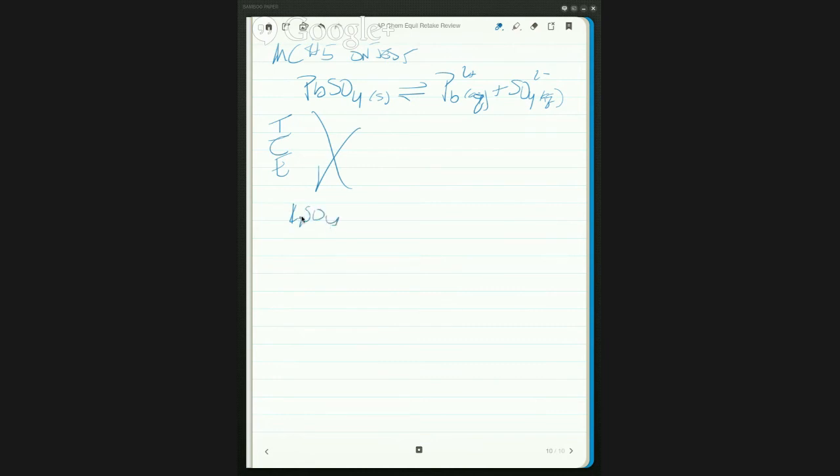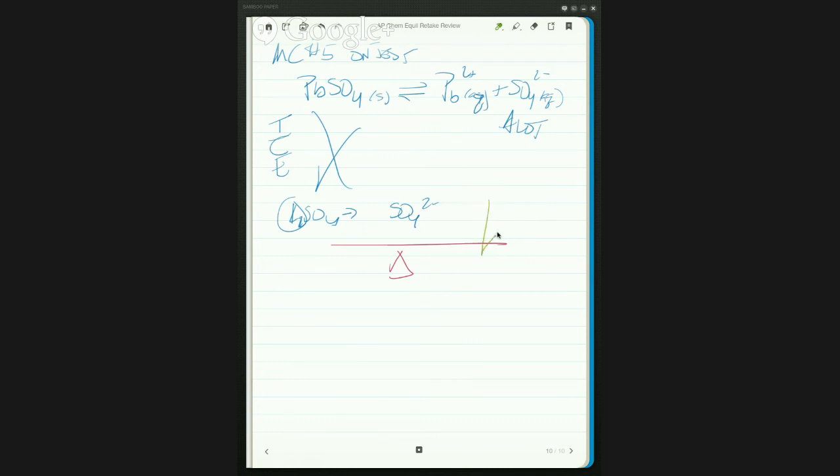Because this is an alkali metal, you know you're going to get a whole bunch of SO4 2-, a lot here, okay? So now what we're looking at is an equilibrium thing, right? We just added a whole bunch of product.